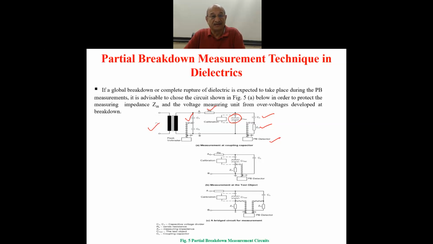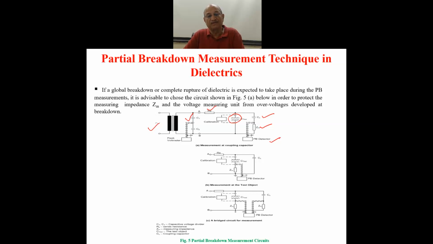As I said, partial breakdown is a loss of insulating property locally, and every time local breakdown takes place in any dielectric, there will be a pulse current flowing in the circuit or through the dielectric, and that repetitive pulse current has a certain magnitude.